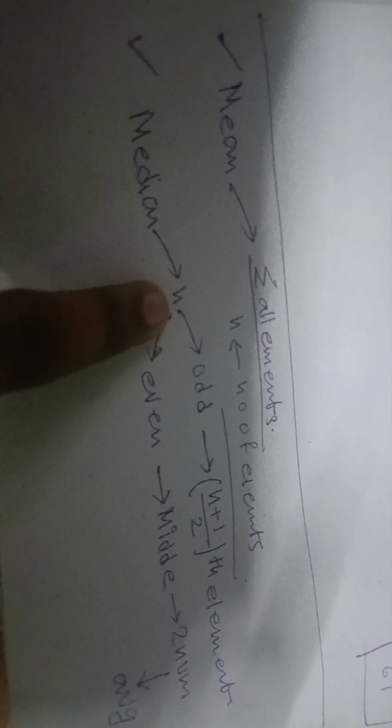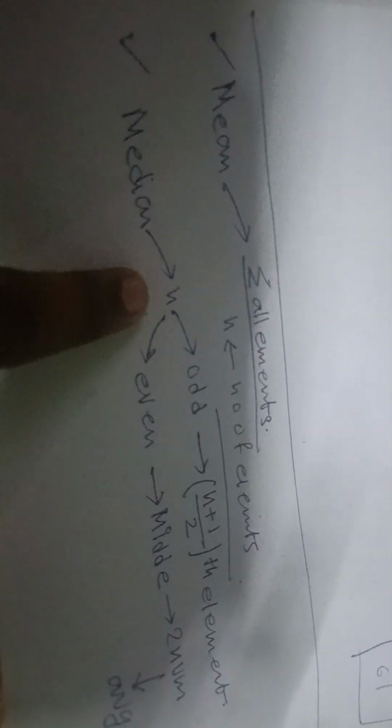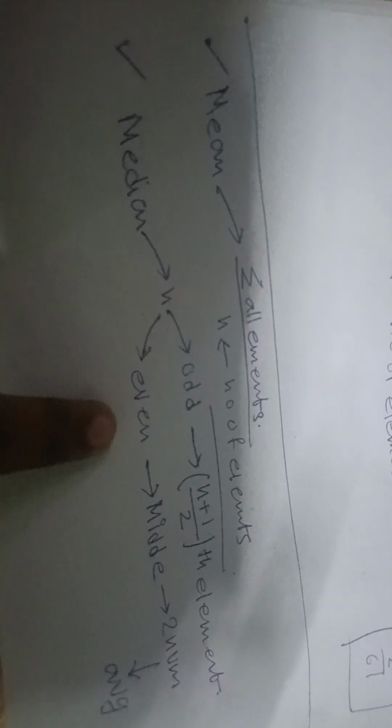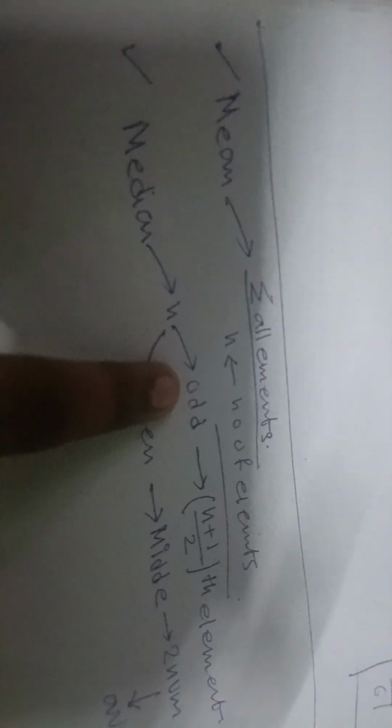What is n here? n is the number of elements. To calculate the median, n can be odd or even. The number of elements can be odd, or it can be even.